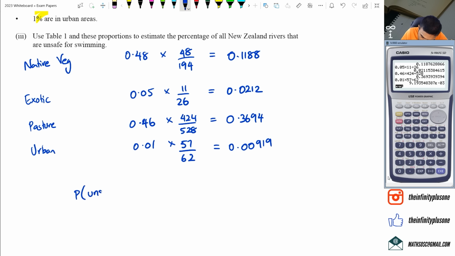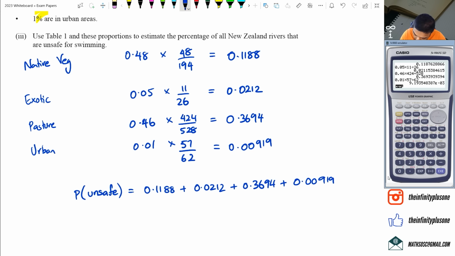Now I've got these four probabilities. So for the probability that it's actually unsafe, I've got to add up all of these four probabilities. So I've got 0.1188 plus 0.0212 plus 0.3694 plus 0.00919.